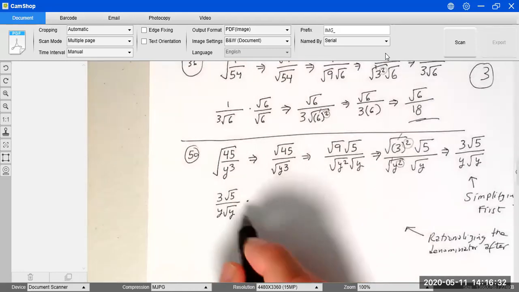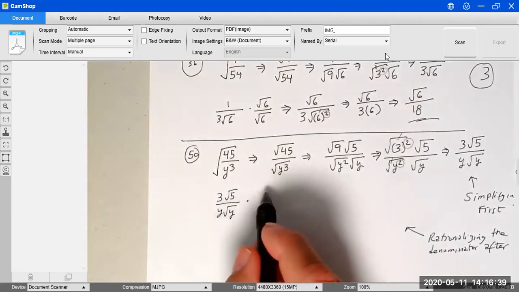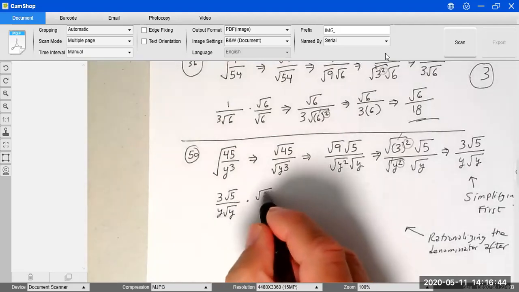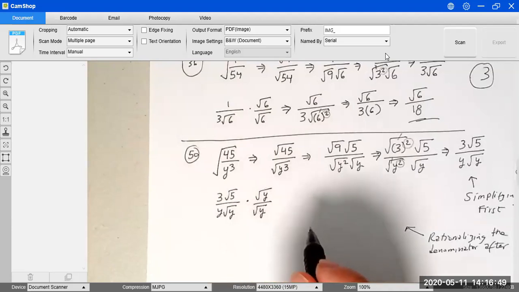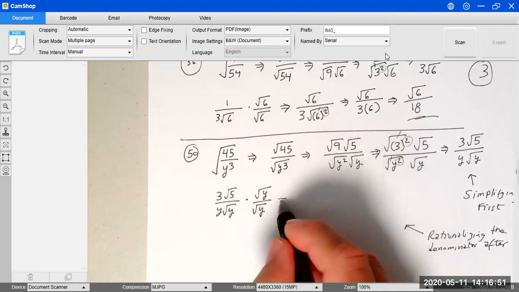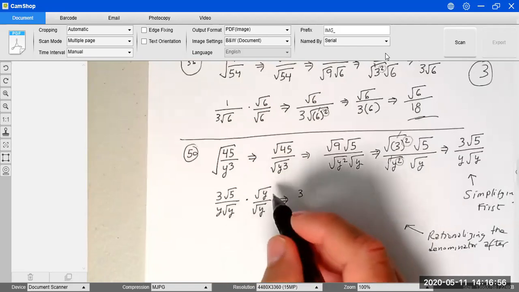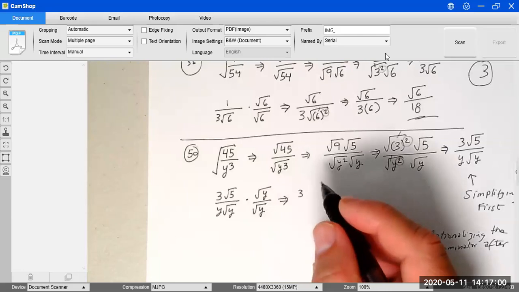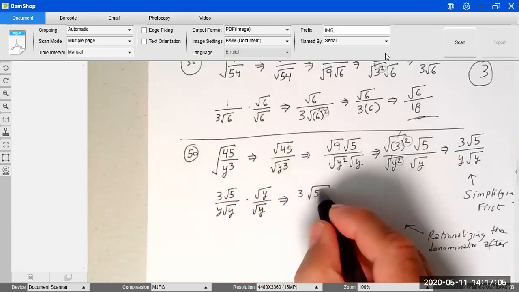We're going to multiply by the radical I want to eliminate. I don't want to eliminate radical 5, so I'm not going to multiply by radical 5. I want to eliminate radical y, so I need to multiply by radical y, both the numerator and the denominator. So now we're going to have 3 that multiplies, in this case, a radical, and we have 5 times y, which is 5y.